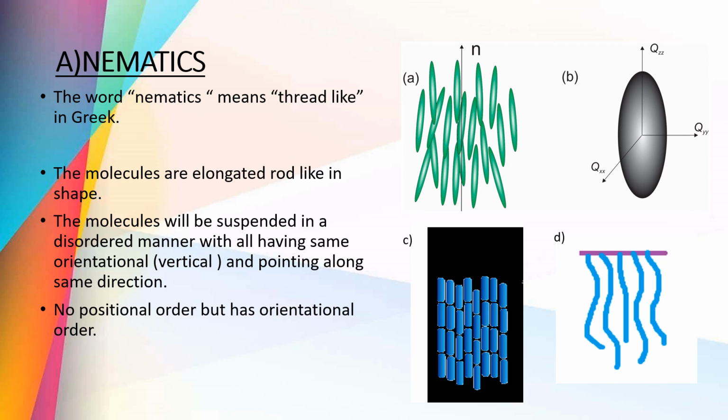It means that in the nematic liquid crystal phase, we cannot predict where the next molecule will be. We can picture these molecules like threads suspended or hanging from a common ceiling, as shown in figure D. There is no positional order but there is orientational order.